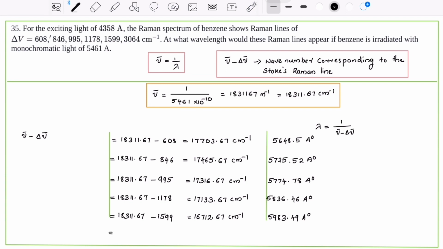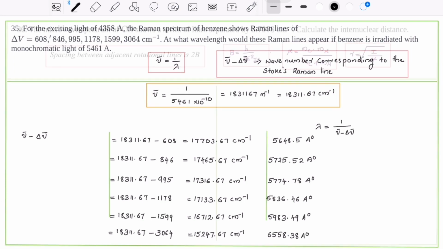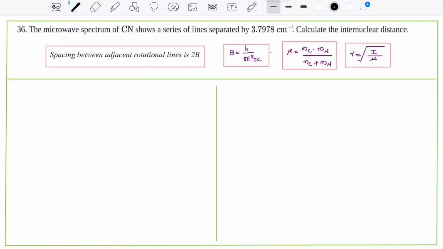And if the Raman shift is 3064 centimeter inverse, the corresponding position of the Stokes Raman line is at 15247.67 centimeter inverse, and the corresponding wavelength is 6558.38 angstrom.